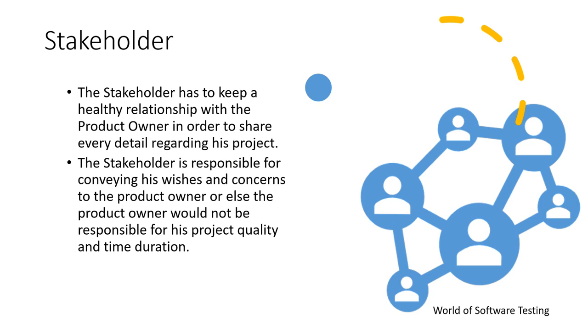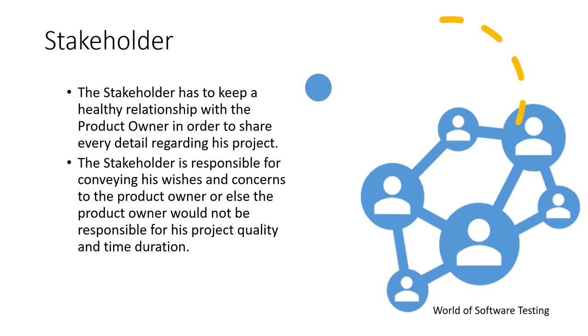The stakeholder has to provide regular input to the queries from the product owner. There are different types of queries raised by the Scrum team or any of the team members, and those should be resolved by the stakeholder. But the Scrum team cannot directly keep in touch with the stakeholder. It should go through the product owner to the stakeholder, and the stakeholder has to provide regular input to the queries from the product owner.